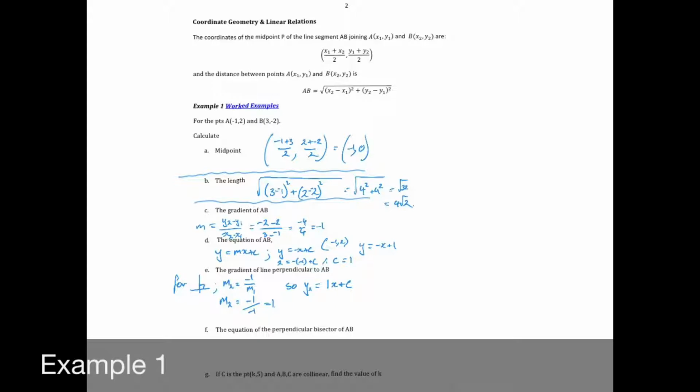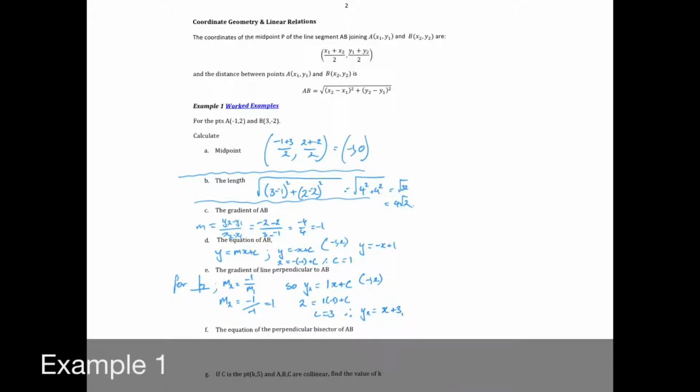Again, we substitute a point in. I guess we'll assume that the line had to go through the point negative 1, 2. We probably should have been told that. So substitute that point in and we'll get c is equal to 3. So the line perpendicular to AB is y equals x plus 3.